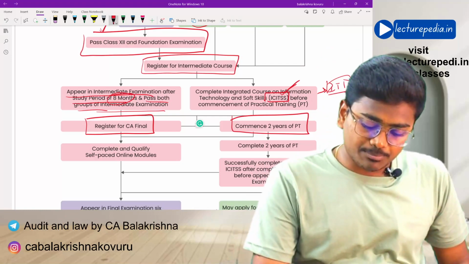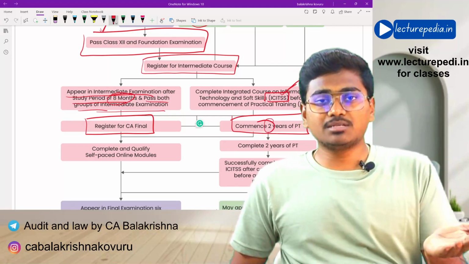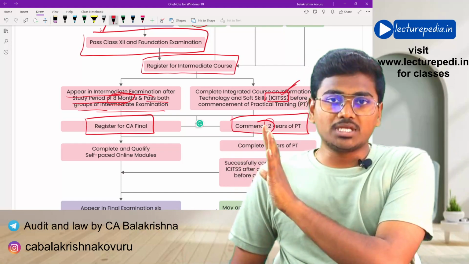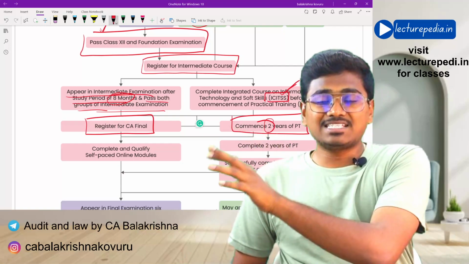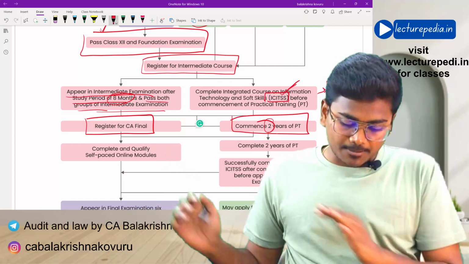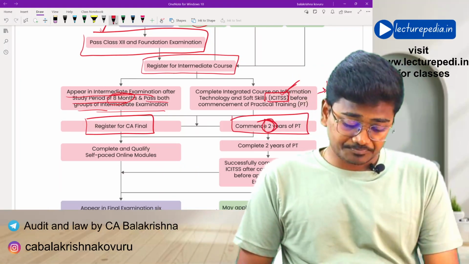And the practical training will be for 2 years. Under the existing scheme, it is for 3 years, but now it is complete 2 years. There will not be any examination leaves given in these 2 years.